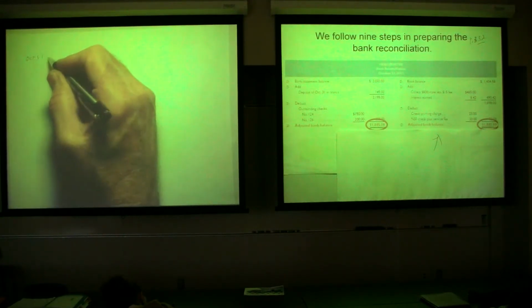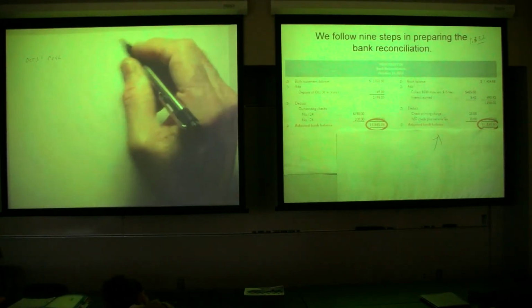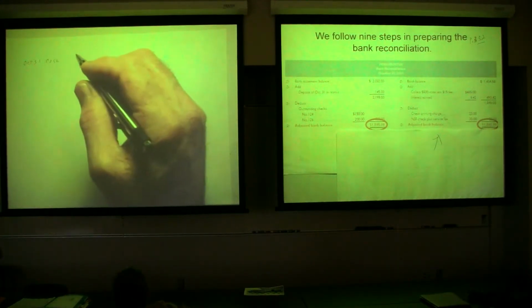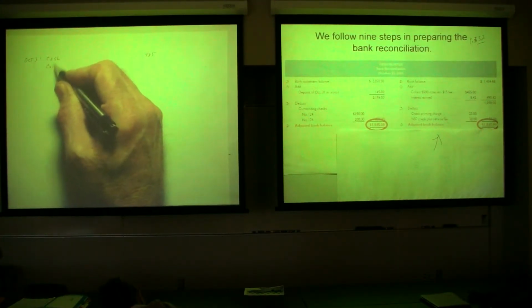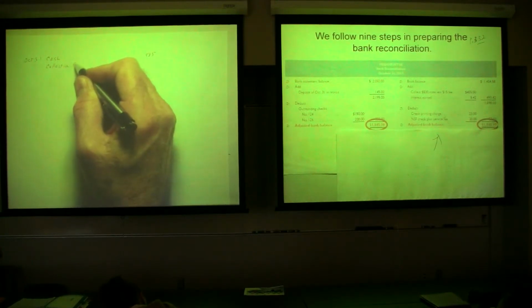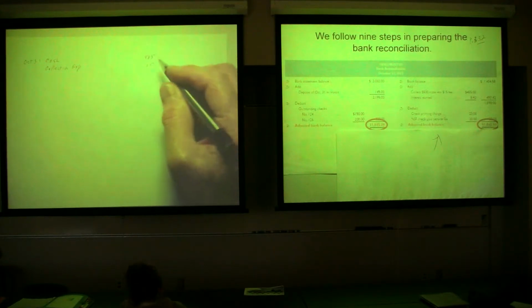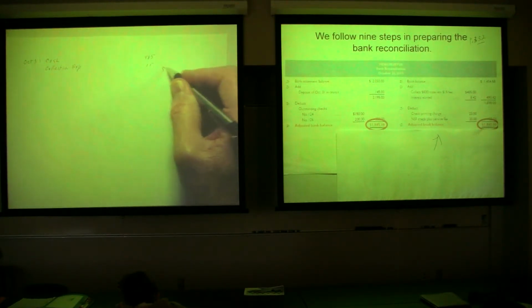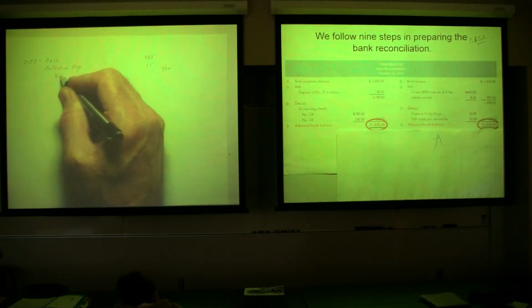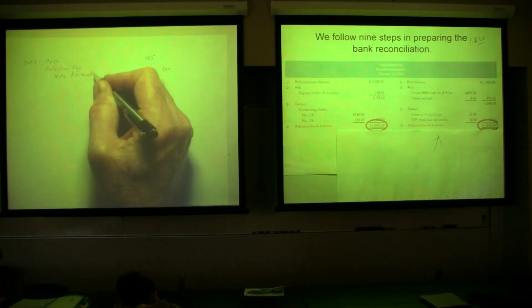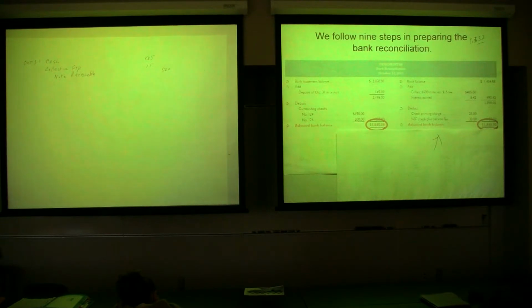Cash will be debited for $485. Collection expense will be debited for 15. And then the $500 credit is a credit to notes receivable. That's the $500 note.